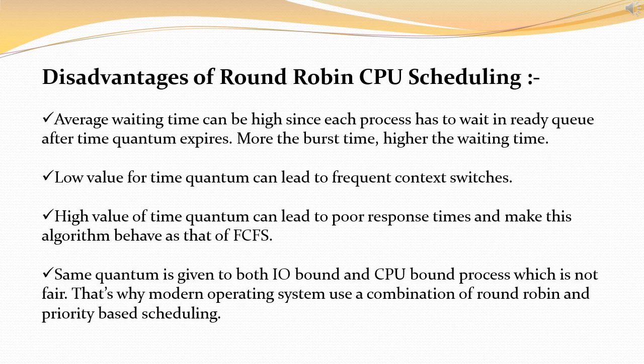High value of time quantum can lead to poor response times and make this algorithm behave like the FCFS algorithm. Same quantum is given to both input-output bound and CPU bound processes, which is not fair. That's why modern operating systems use a combination of round robin and priority based scheduling.